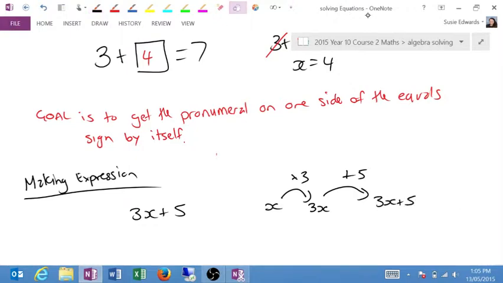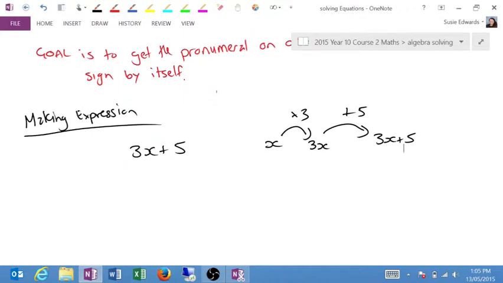That's really important for us to be able to see, because to undo this, what we have to do is the opposite, to go back the other way. We take 5 and then we divide by 3. We do this step first and then this step second. I'll show you what that means in a second.